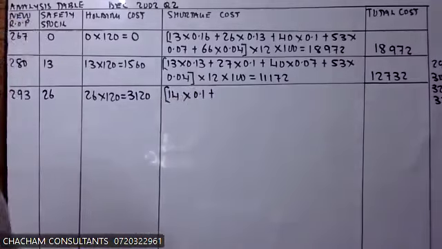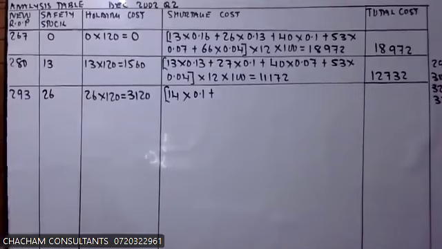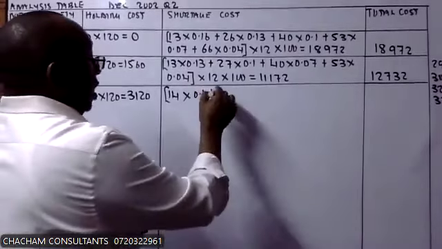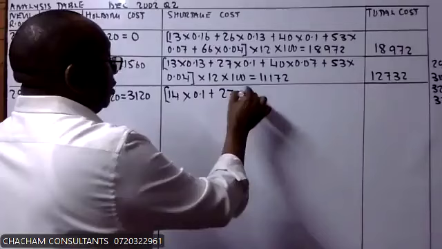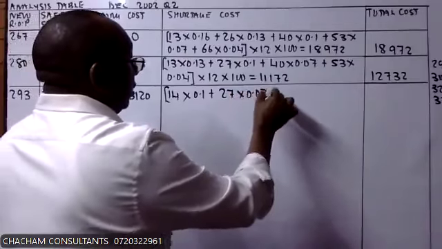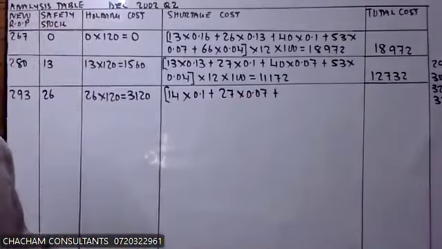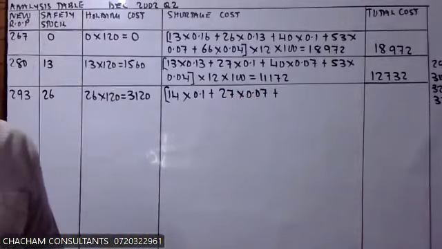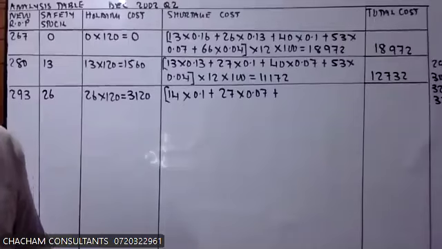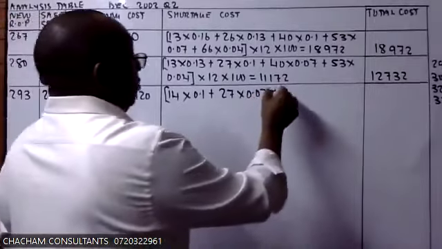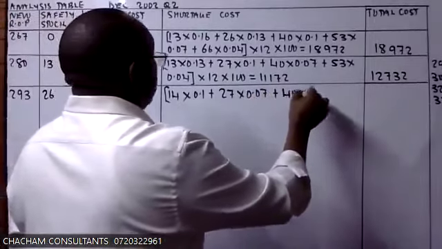Then if you go to 320, that will give you a shortage of 27. And the probability is 0.07. Then if you go to 333, that will give you a shortage of 40. And the probability is 0.04.